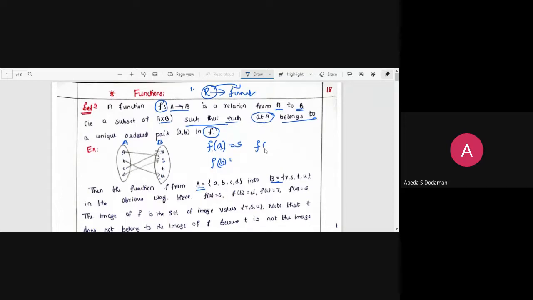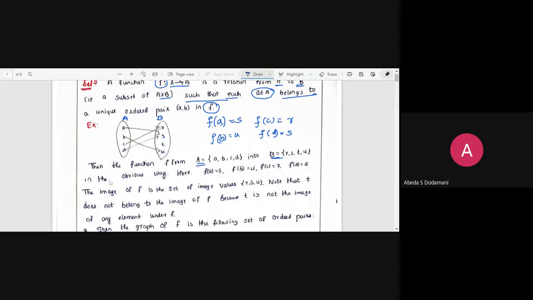Similarly, f of c will be again r, and f of d is again s. So for each element here, there is an image. The image of f is the set of image values. The image of f means whatever elements of A are going and getting images, we take them as one set, and we call it the image of f.